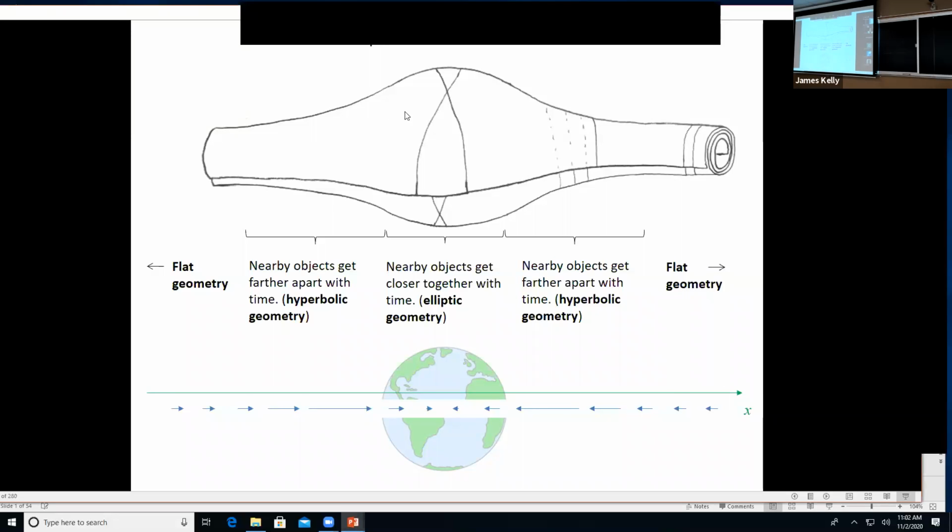And as we get farther and farther away from Earth, way out there, we're going to asymptotically approach flat geometry, and that's where the Earth's gravitational effect has zero effect anymore. So flat space-time is that Minkowski space-time, which is just like a cylinder. A cylinder is as good as a flat sheet.